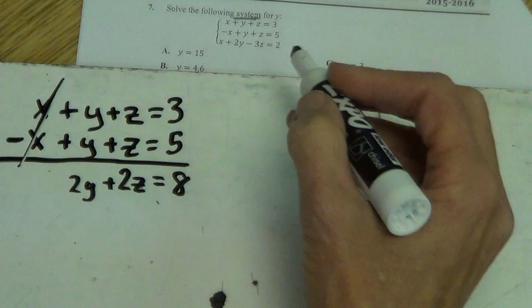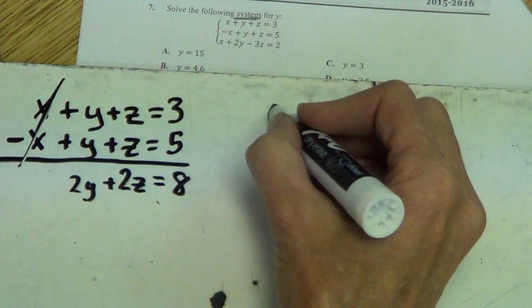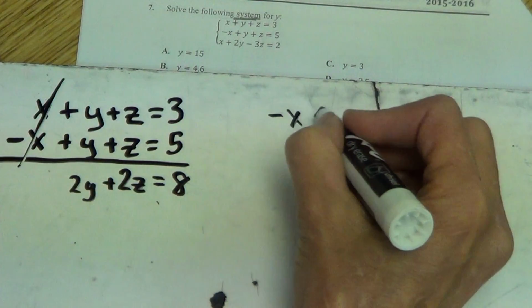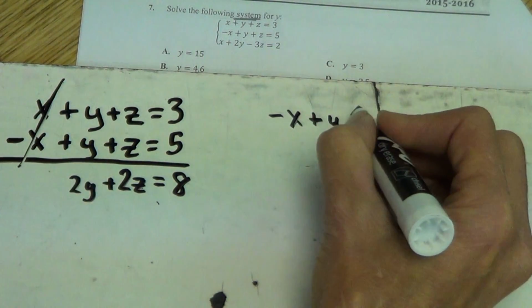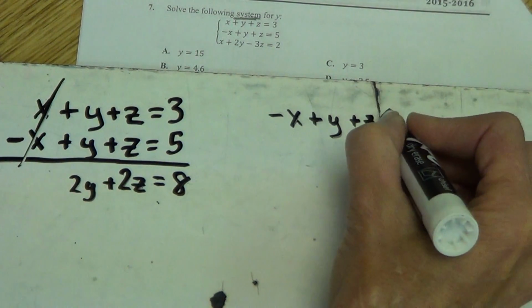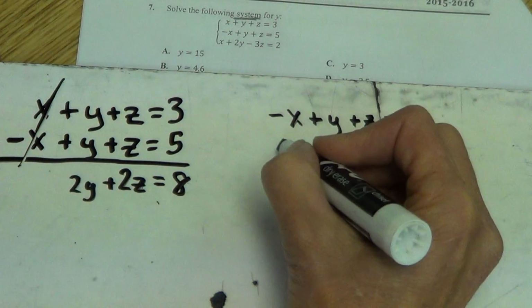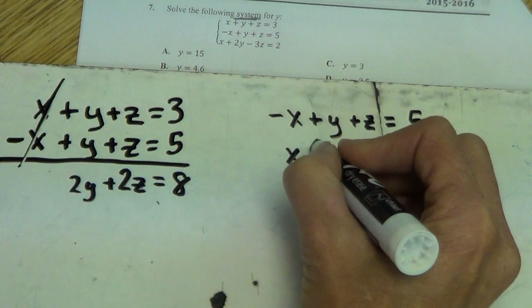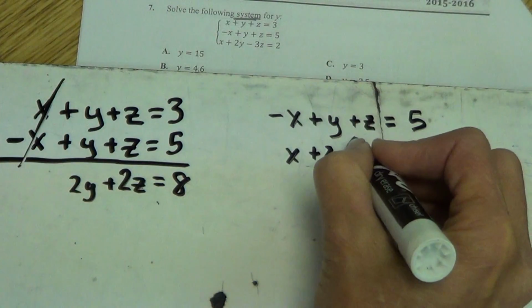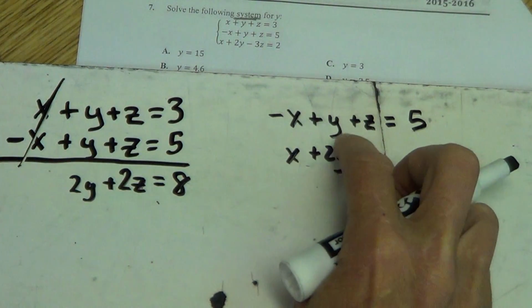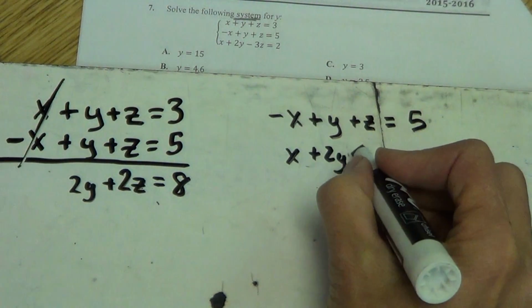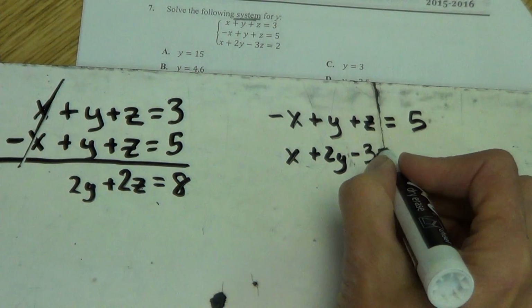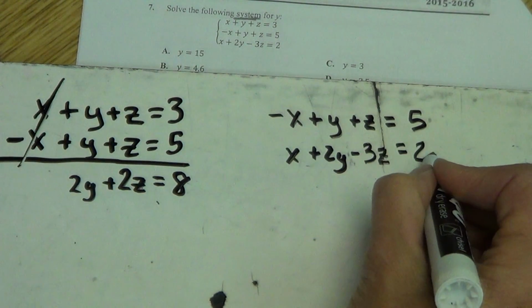Now let's try this again. Let's go with that middle equation and the bottom equation. Negative x plus y plus z equals 5. x plus 2y minus 3z equals 2.